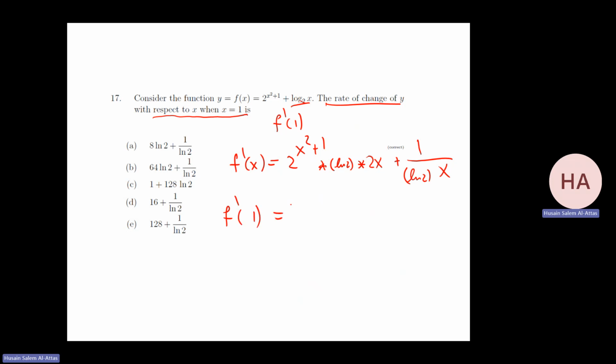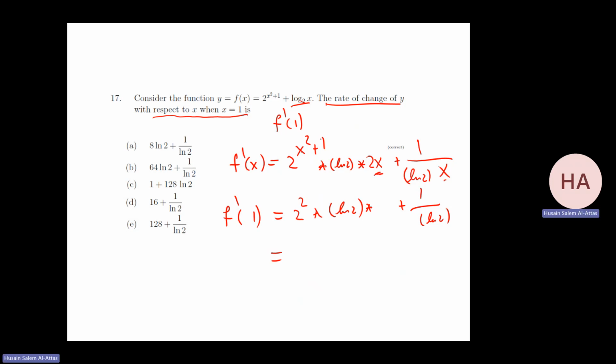That will be 2 to the power 2 times ln 2 times 4 plus 1 over ln 2. Sorry, x is 1.